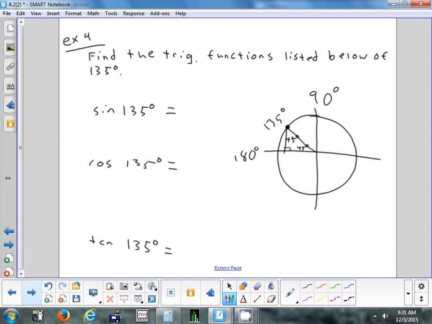Okay, so what are the lengths of each one of these sides? Just start with that. So we double what they were. Right, the x is now going to be negative. All right, so what are both of these lengths? They're both the same number. What are they? Yep, they're both square root of 2 over 2. It's still a 45, 45, 90.